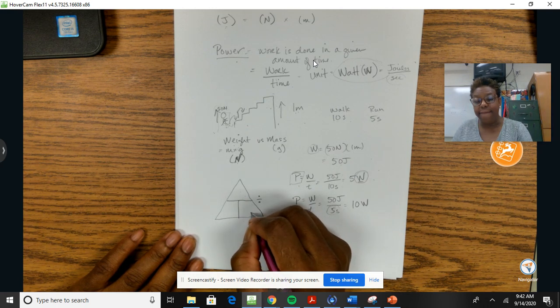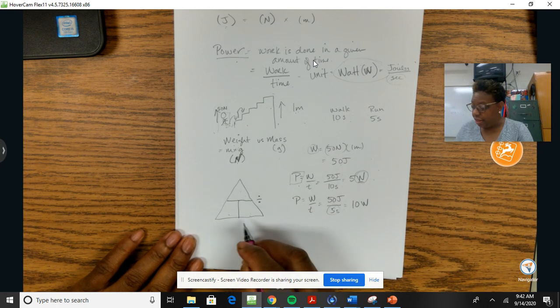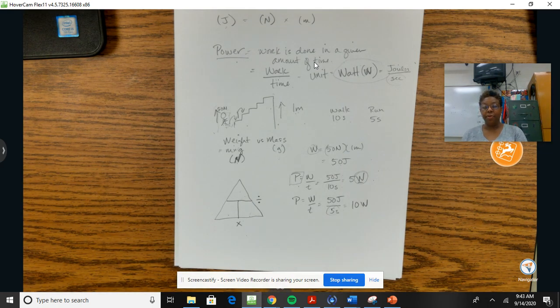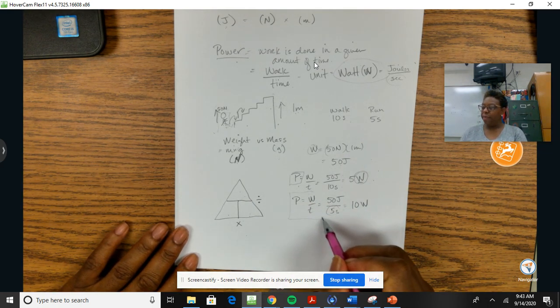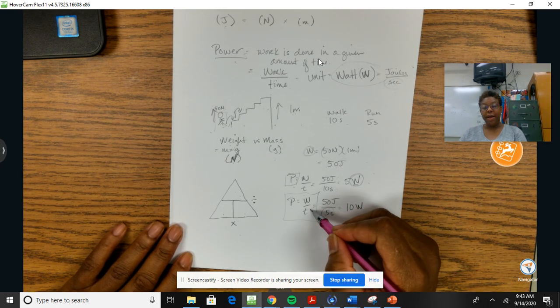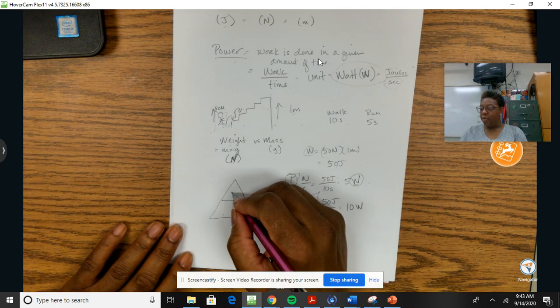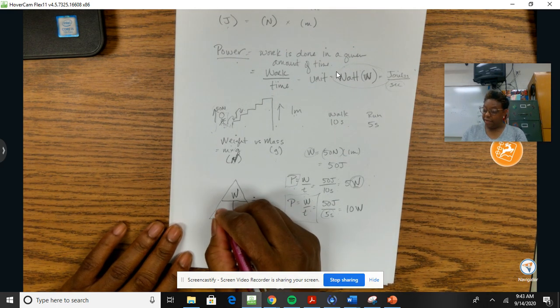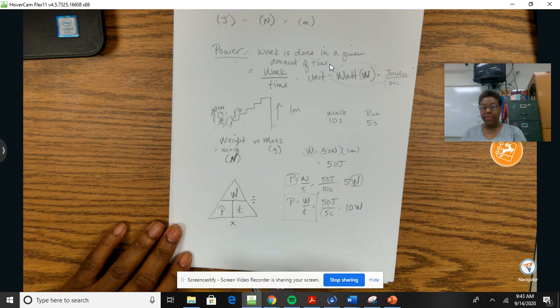Okay, divide this by that. If they're beside each other, then we're going to multiply. So if we know that's the relationship of the numbers, when we look at the equation for power, what we know is that work is divided by time. That's how I know how to put it in the equation, and then fill in the power is equal to that.